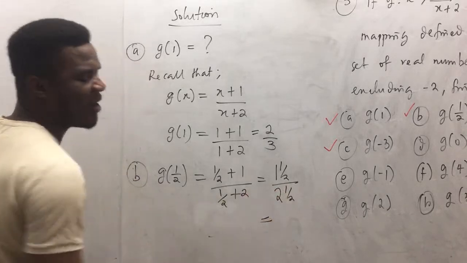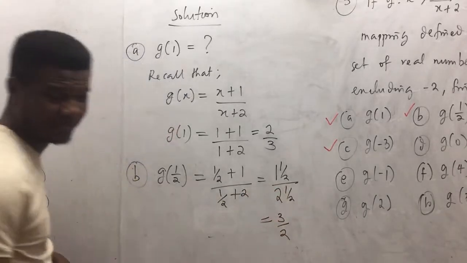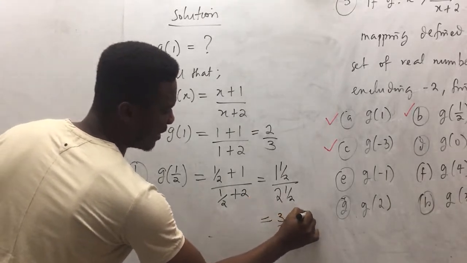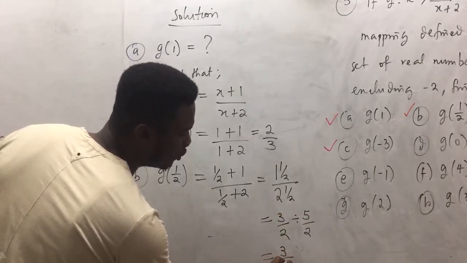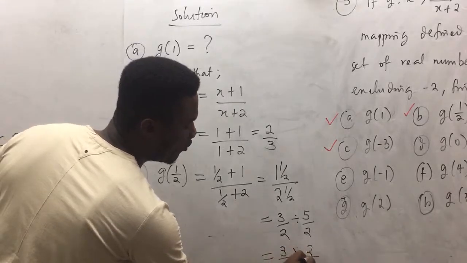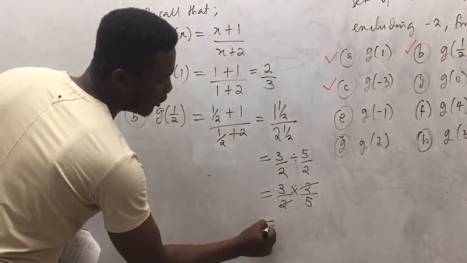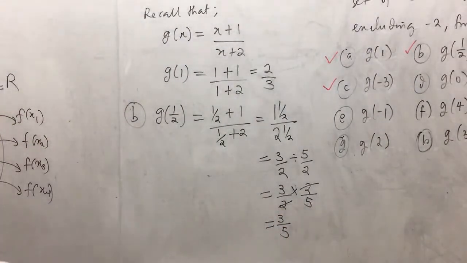Now, you can simplify further. 1.5 is 3 over 2, and 2.5 is 5 over 2. So 3 over 2 divided by 5 over 2 is the same as 3 over 2 times 2 over 5. The 2 cancels the 2, and your result is 3 over 5. So based on the function given, g of half is 3 over 5.